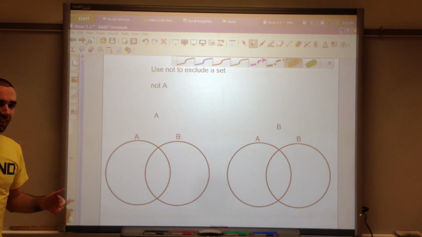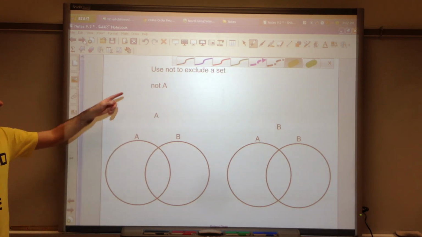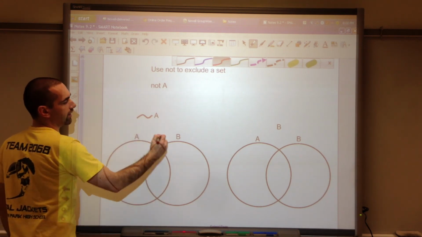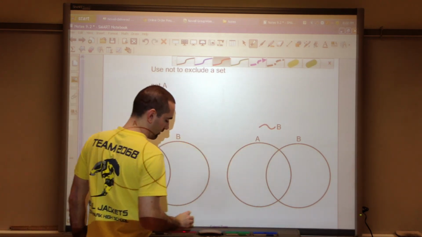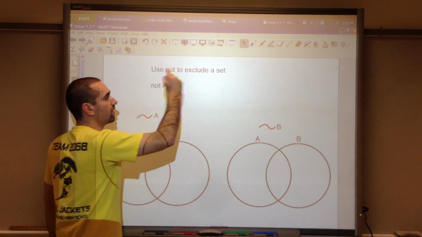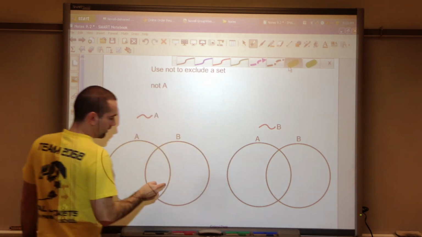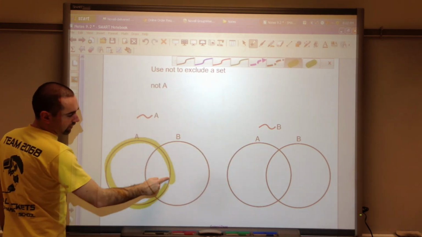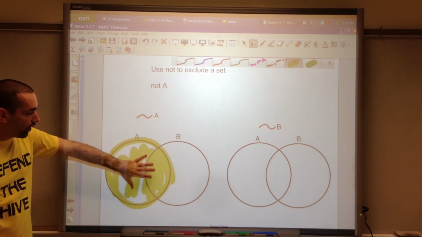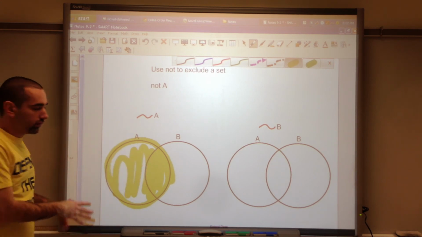Use not to exclude a set. Not A. Not A. Not B. So if I'm looking for not A, well, here's A, right? So I want everything that isn't A. So I don't want any of that circle.